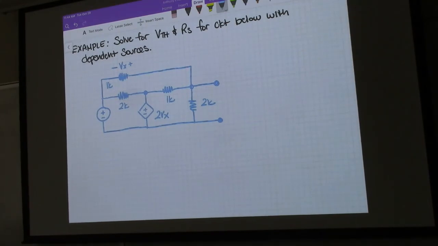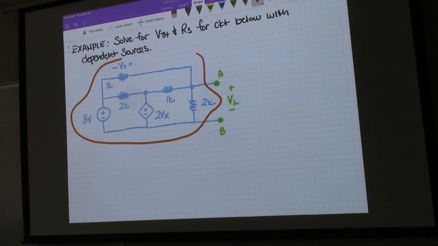This is 5 volts. All right. And then this is A and B over here. This is A. This is B. This is our voltage VL. And so we're trying to find the equivalent for everything in there.